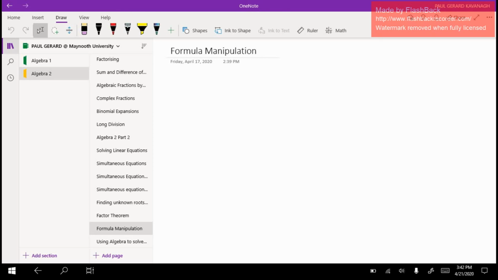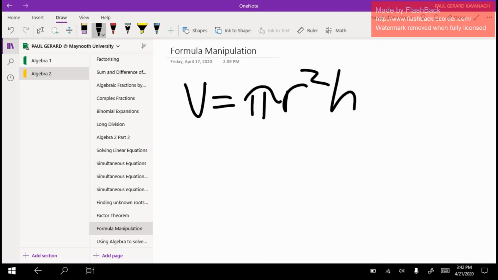What we mean by formula manipulation is that we're taking a formula and trying to make a different part of the equation equal to everything else. I'm going to take an example for volume. We know that V is equal to pi r squared h. Let's say that we want r on its own.